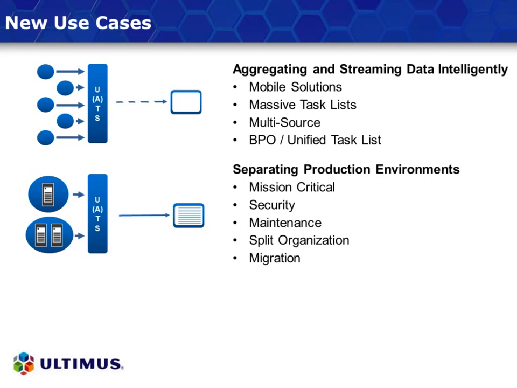Making sure that you can really separate these environments, get rid of the risk, eliminate the cost of maintaining both solutions on mission-critical environments, and taking many more advantages with you.